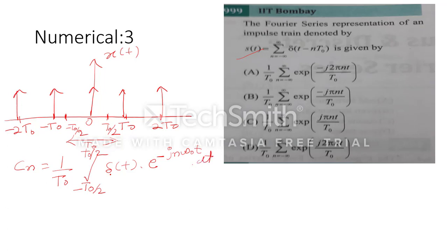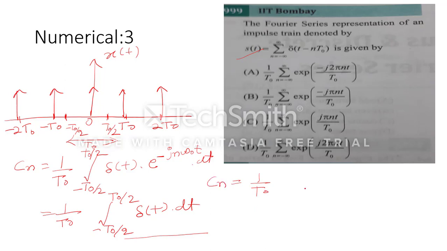We know that when the delta function is multiplied by some function, we have to place the value at whatever shifting is there. Here no shifting is there, so we place e to the power 0, so it becomes 1. So we get the integral from minus T naught by 2 to T naught by 2 of delta(t) dt, because e to the power 0 becomes 1 only. We also know that if we integrate this, its value is equal to 1. So our Cn value will be equal to 1 by T naught.